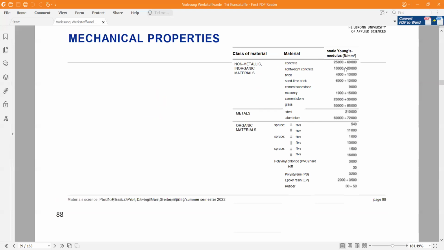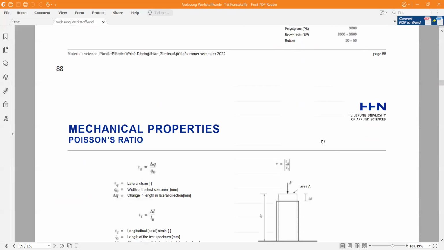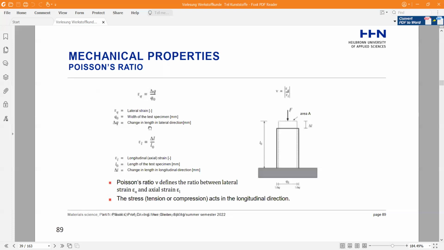Here we have mechanical properties for different classes of materials and static Young's modulus in newtons per millimeter square.